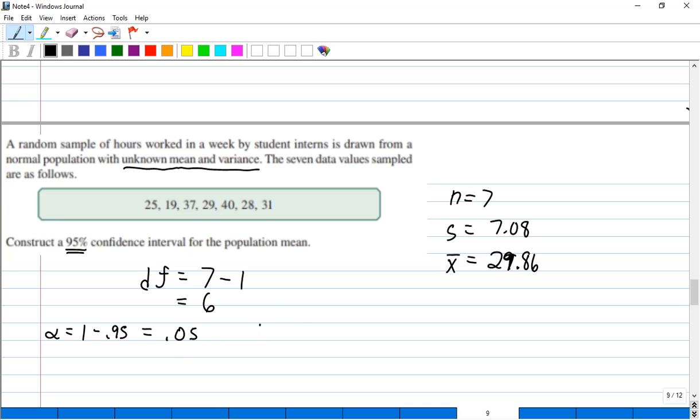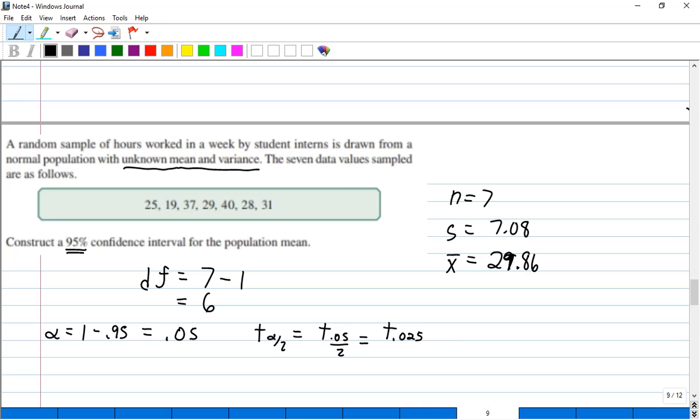Our critical t-value is t sub alpha over 2. So that would be t sub 0.05 divided by 2. That's t sub what? I can do it in my head. Can you? 0.025. If you can't do that in your head, use a calculator.